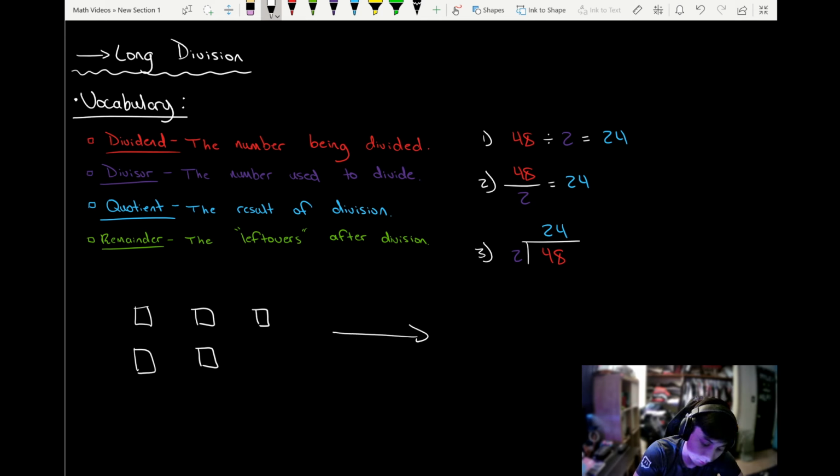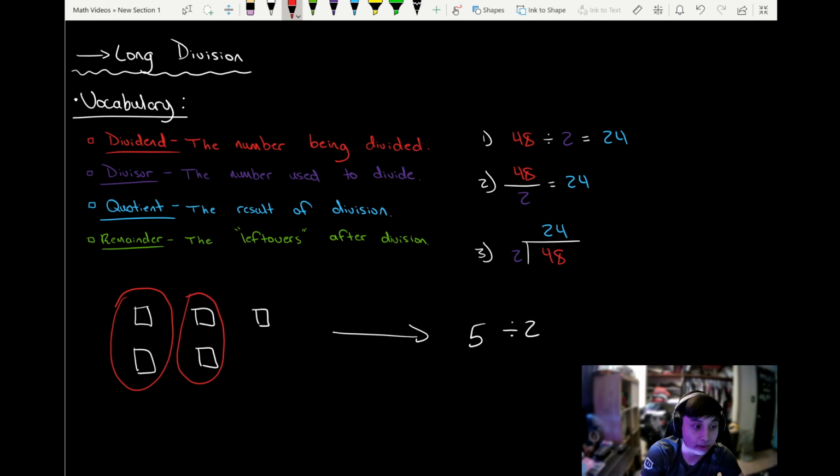So like 5 divided by 2, okay? You can see clearly here that 2 groups of 2 are within this 5, right? But here is actually a leftover, right? There's one left over.